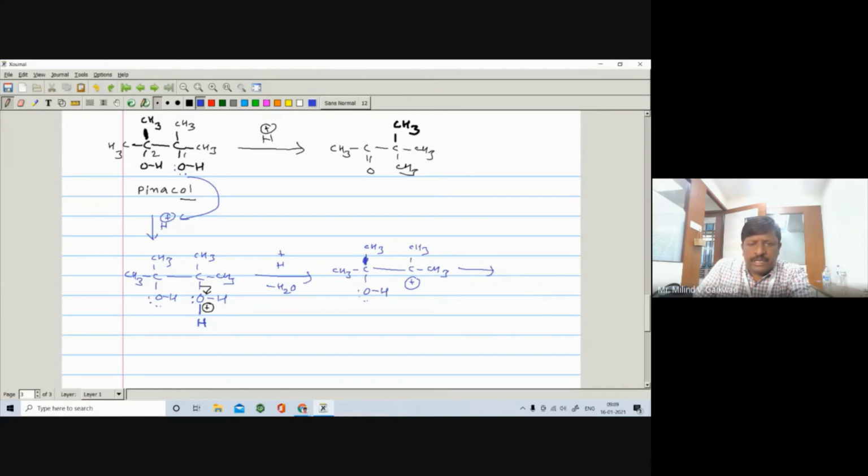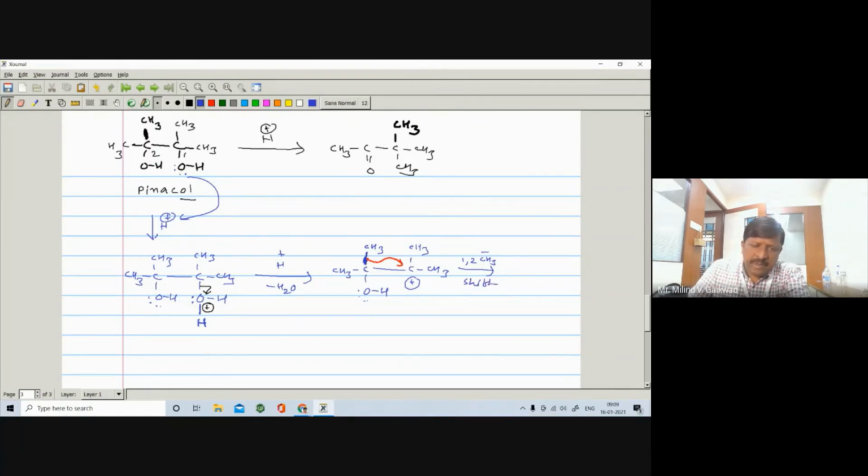We have this CH3, right? Now this CH3 will attack on this carbon along with the electron pair. So it is a 1,2-methyl shift, 1,2-CH3 shift.